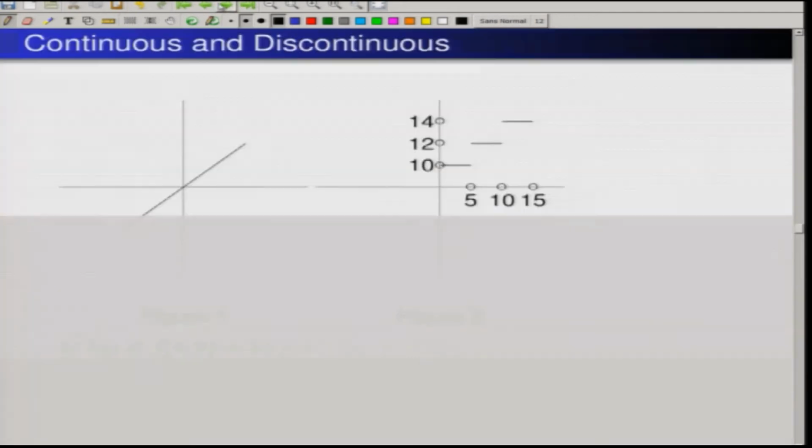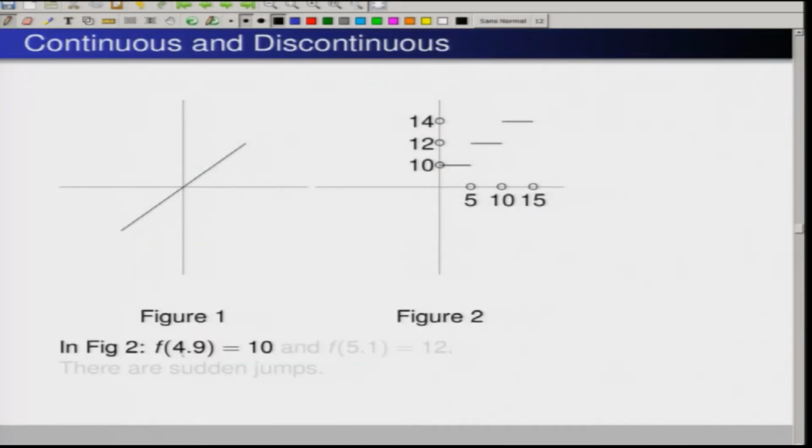Suppose in figure 2 you have 4.9. In this case f of 4.9 will be 4.9, but in the post office function f of 4.9 is going to be 10, because 4.9 is less than 5.